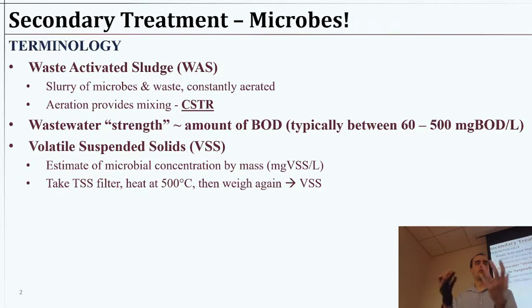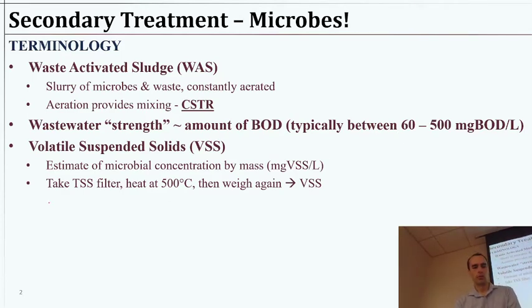We weigh the filter or maybe a crucible first, dry it completely. So whatever amount of water we put in there or filter through, we're going to have some particles and we're going to drive off all the water. So we evaporate everything and then we weigh it. That'll give us our total solids.